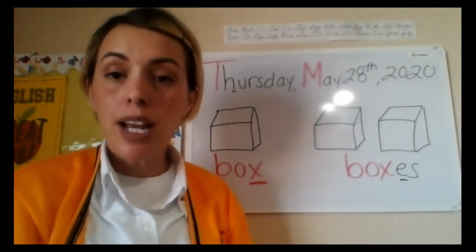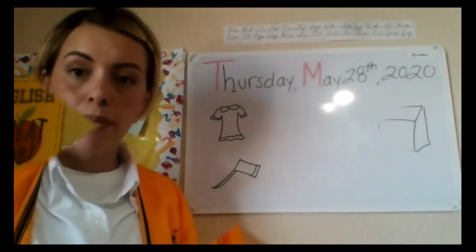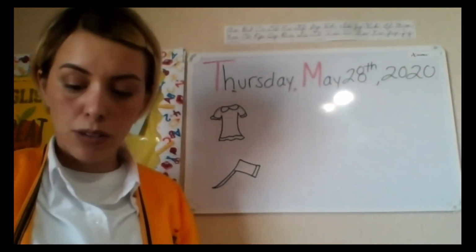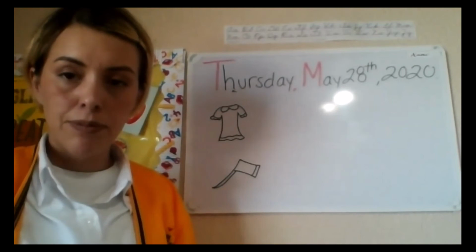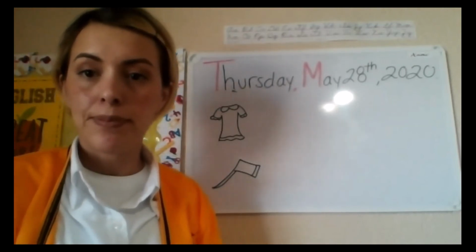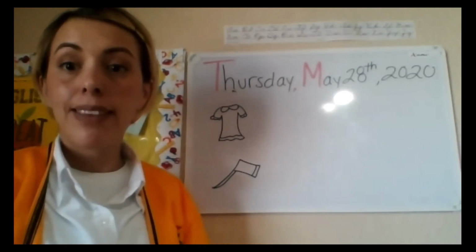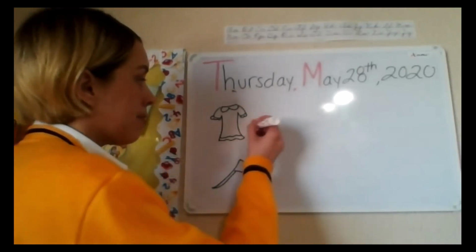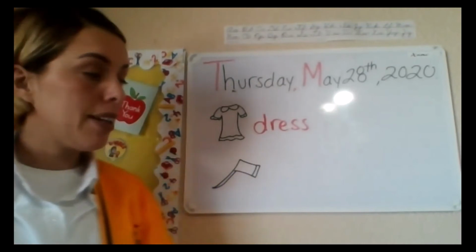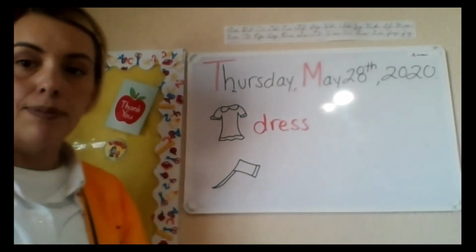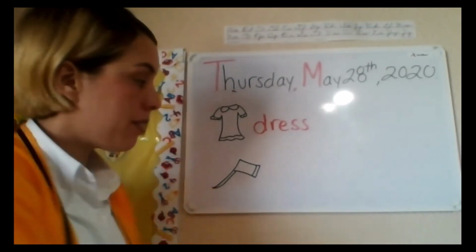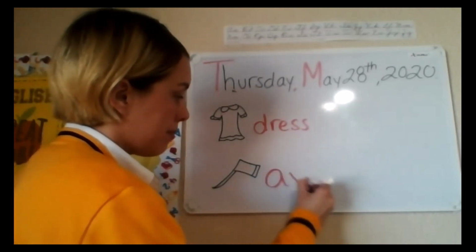Now, let's try some more. Now, let's look at these two pictures. Elisa, can you tell me what is this? Yes, that's a dress. Daniel, can you tell me what is this? Very good. That's an axe.